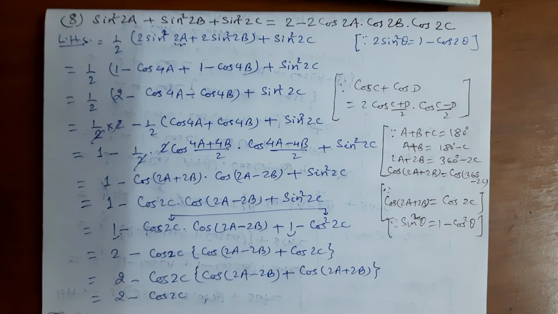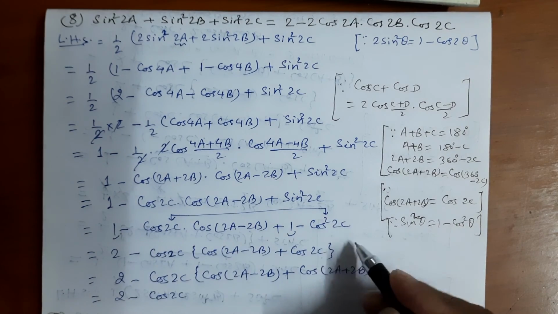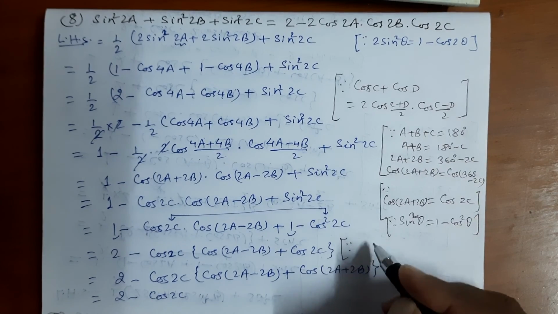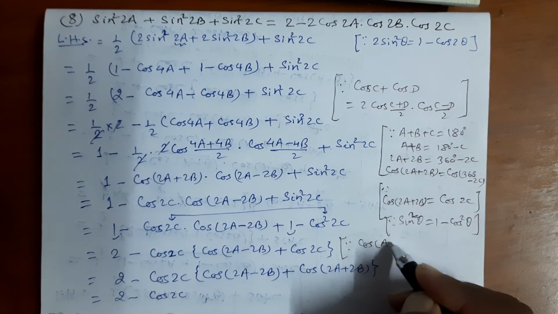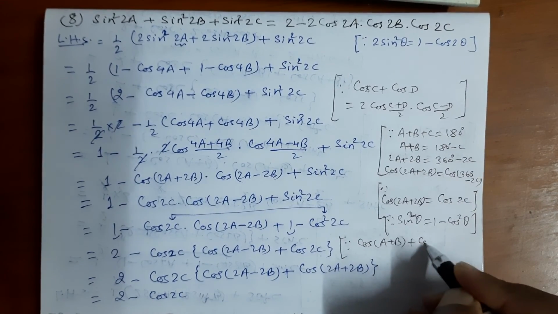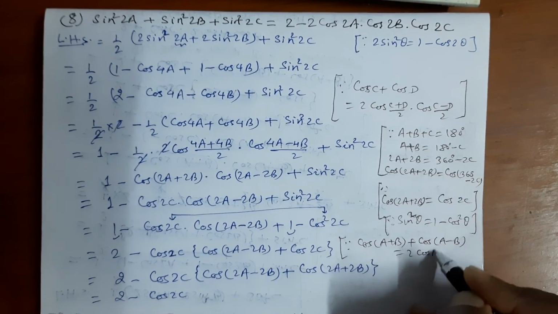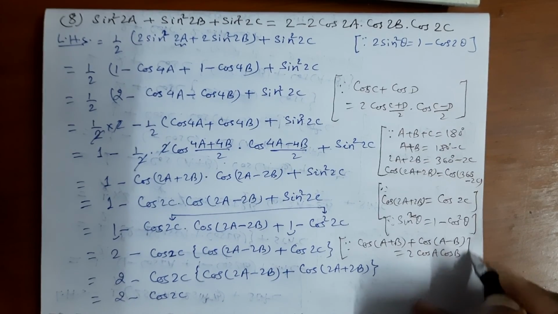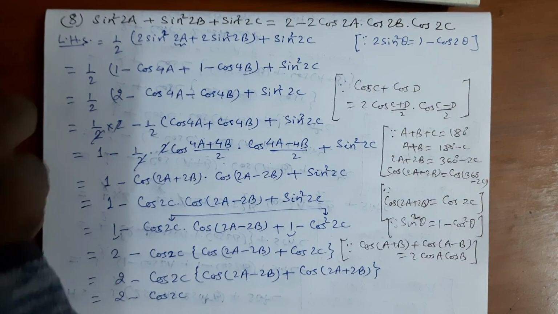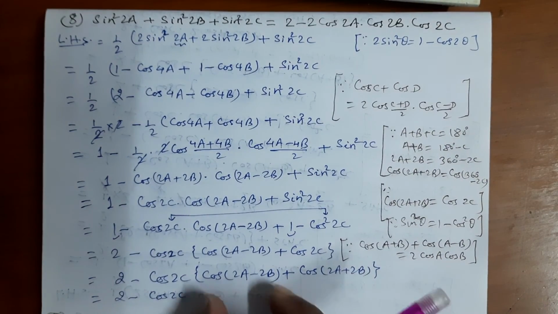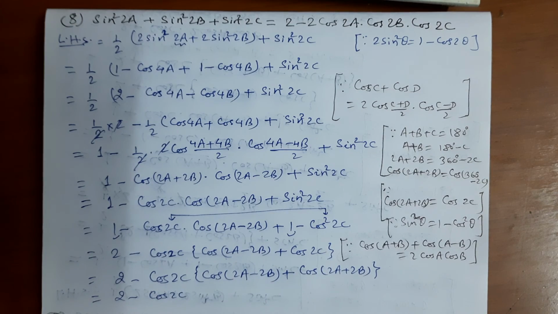Formula we know, we are using it several times. For the remaining, I am writing here cos(a plus b) plus cos(a minus b). The formula is 2 cos a cos b. So this formula can be used. It's just like cos(a plus b) plus cos(a minus b). In place of a we have 2a, in place of b we have 2b.